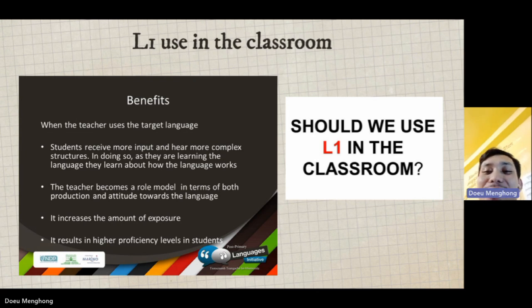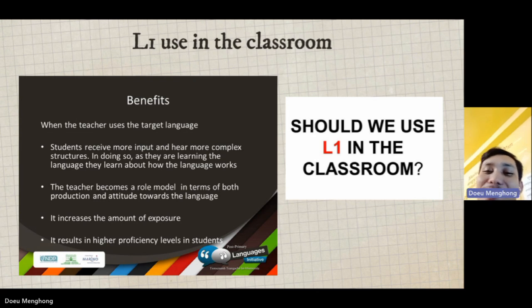We want the students exposed more to the language, because that is how language works. For example, when we were children, the more language we were exposed to, the more likely we were able to speak it. That is the reality.